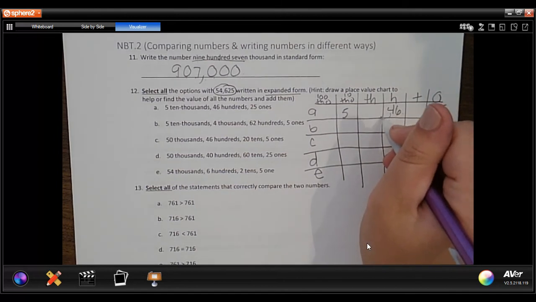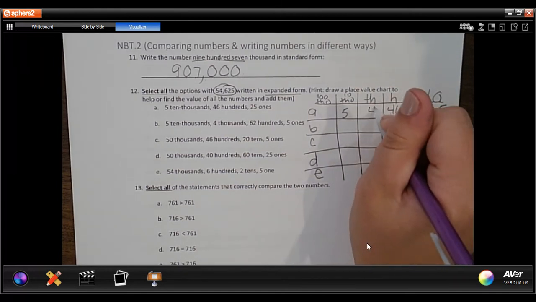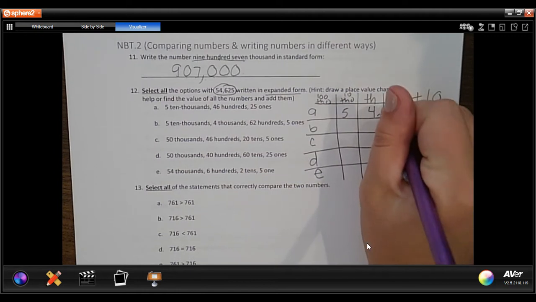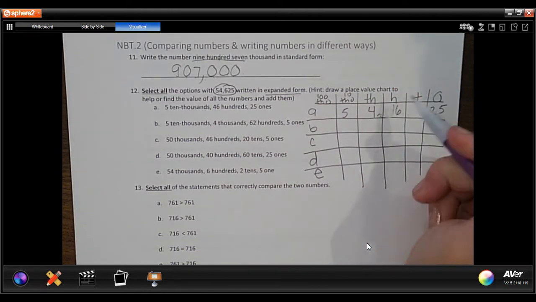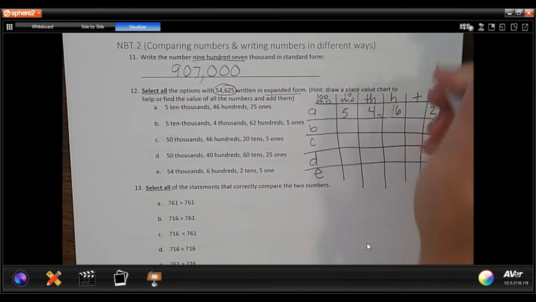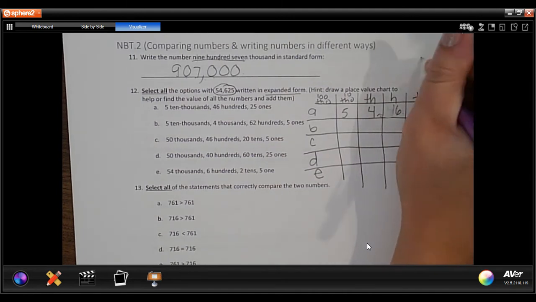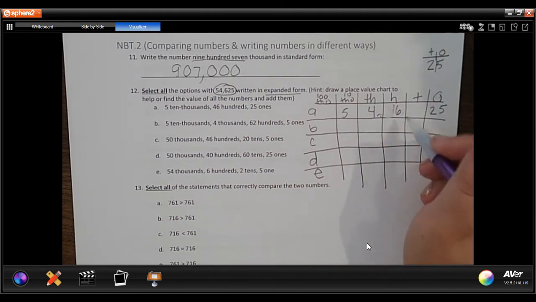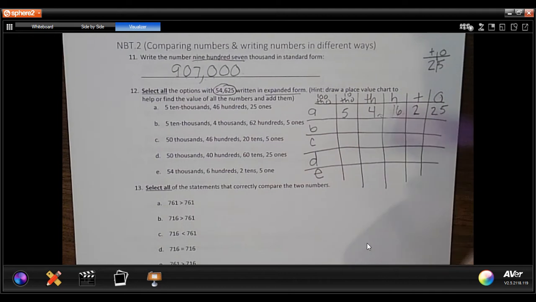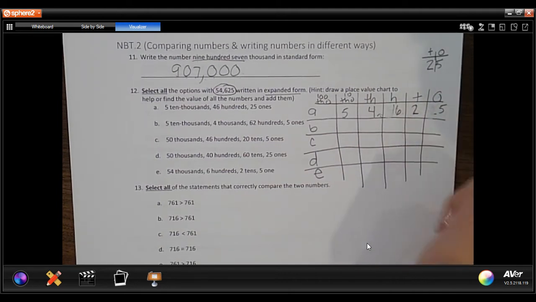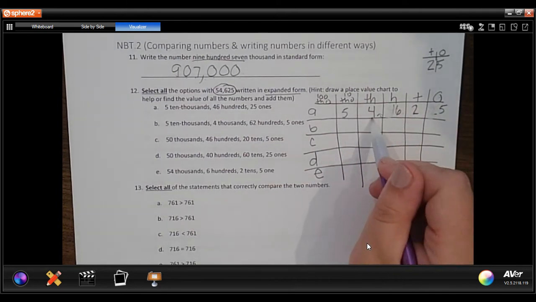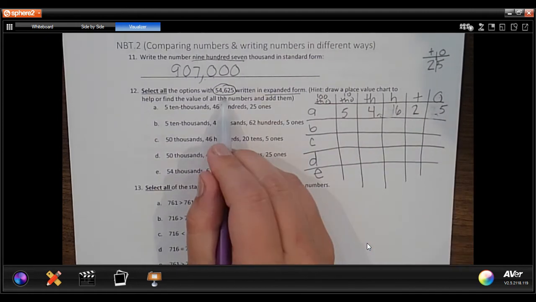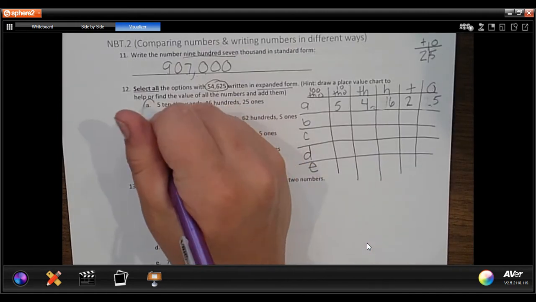So I could actually move this 4 over to the thousands place because that's actually 4 thousands and erase it from my hundreds place. 25 times 1, if I put that into a place value chart, will be 25. So that shows me I can move my 2 over to the tens place and erase it from the ones place. So this number is 54,625. That's my same answer here, so I'm going to select that one.